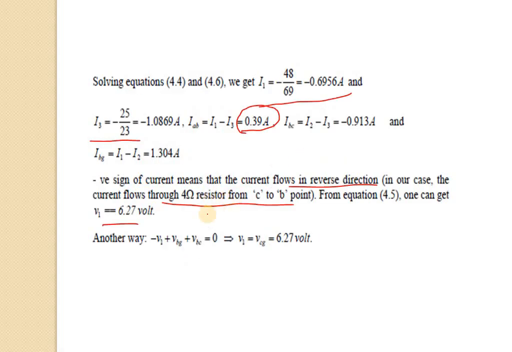From the equation we get the value of voltage between C and D, that is 6.27. In another way we can also calculate it: minus V1 plus VPD plus VDC, the summation of voltage drops equals 0, and from there we can calculate the value of VCD, that is 6.27.